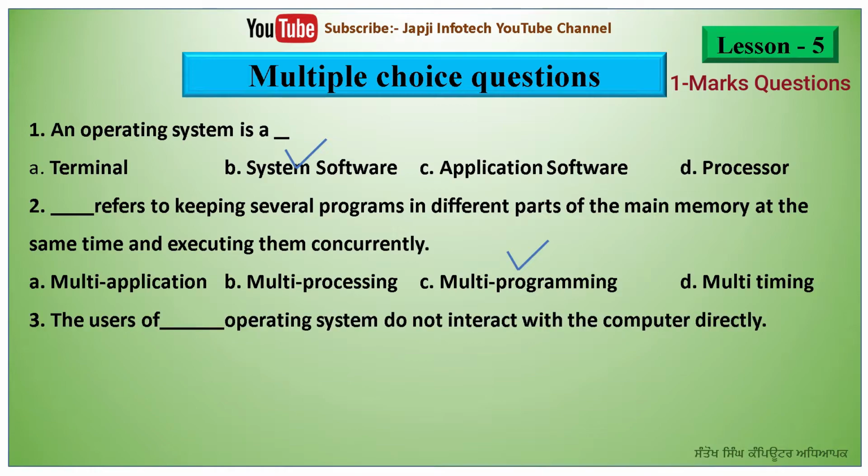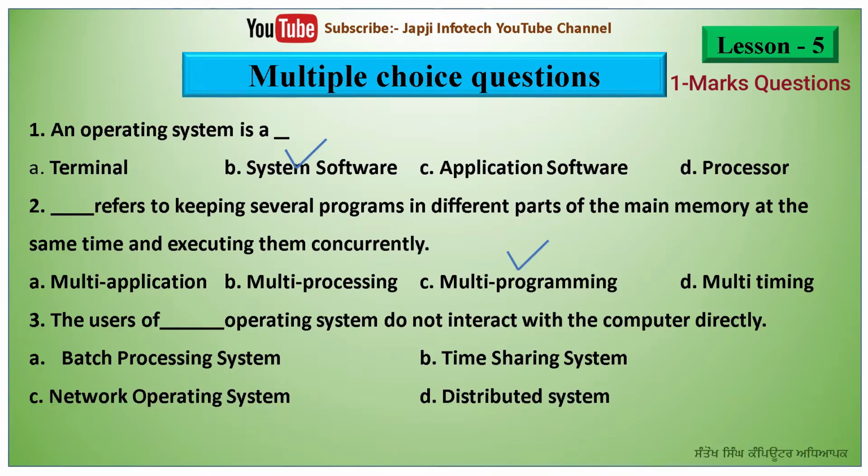Third one: the user of dash operating system do not interact with the computer directly. The options are batch processing system, time sharing system, network operating system, distributed system. And the right answer is: the user of batch processing operating system do not interact with the computer directly.